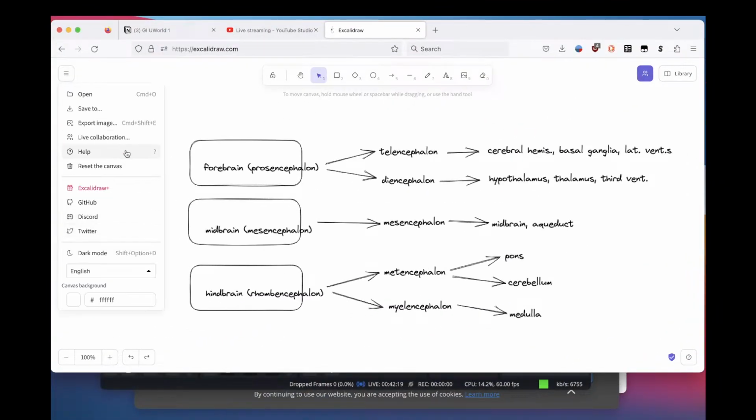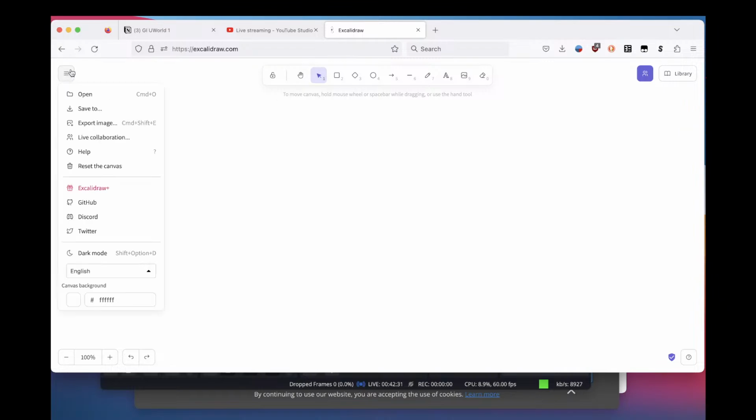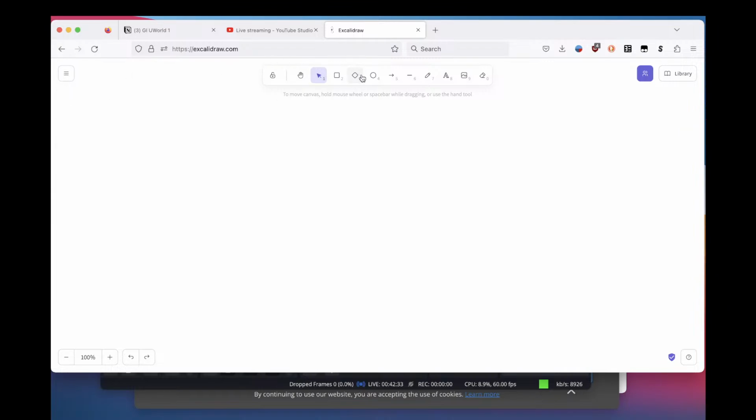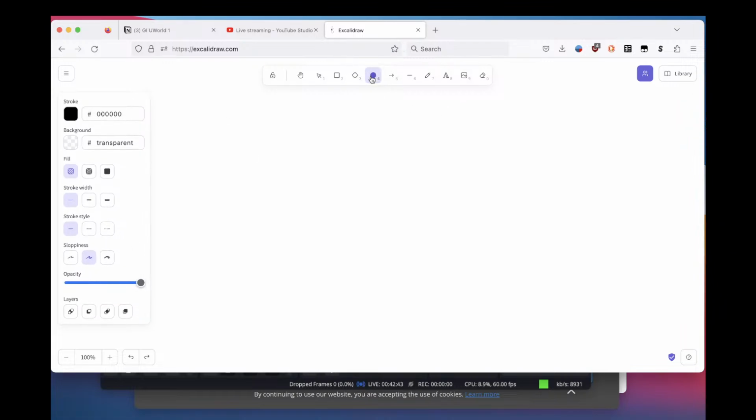Let's clear the canvas. Okay. So honestly, does this thing have tables? No tables in Excalidraw?